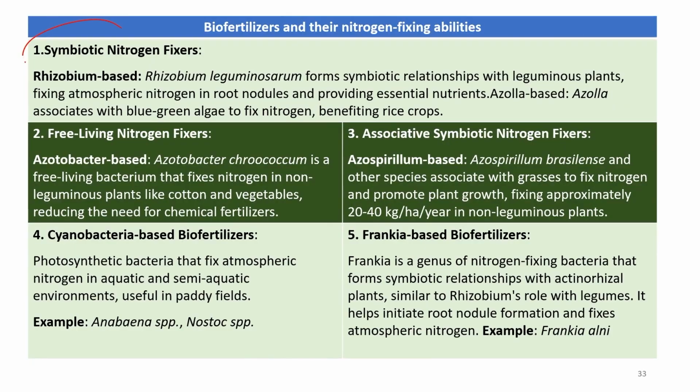Let us now discuss biofertilizers and their nitrogen fixing abilities. As already discussed, nitrogen fixers may be symbiotic organisms, or they may be free living or associative symbiotic, and also we have cyanobacteria based biofertilizers, and then Frankia based biofertilizers.